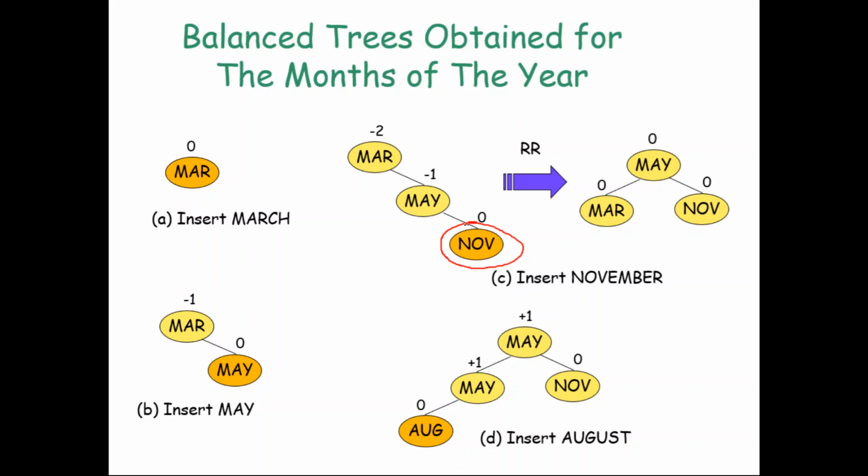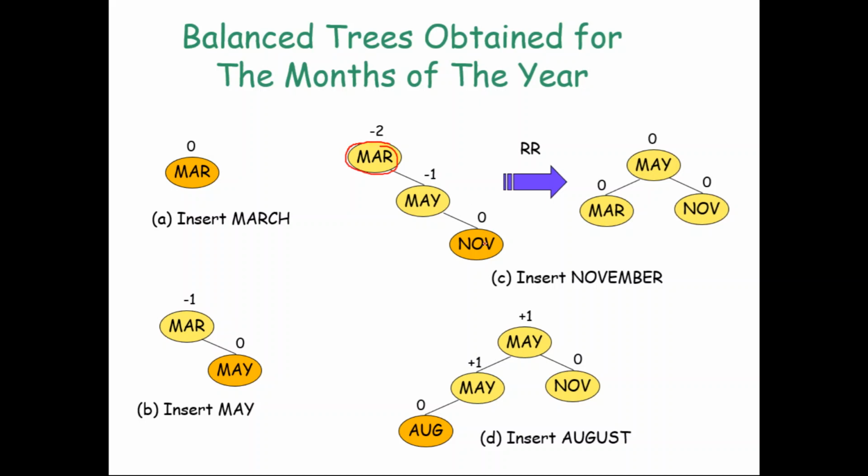November is in the right subtree of May, which is in the right subtree of March. Imbalance is created in which node? In the node March.